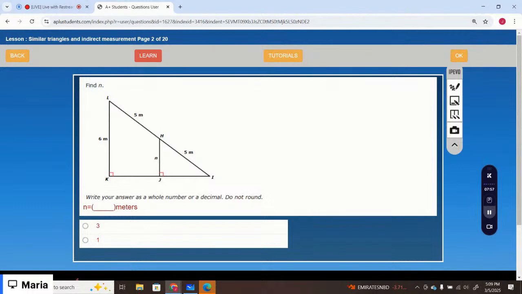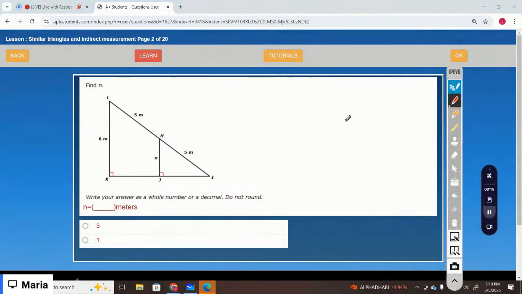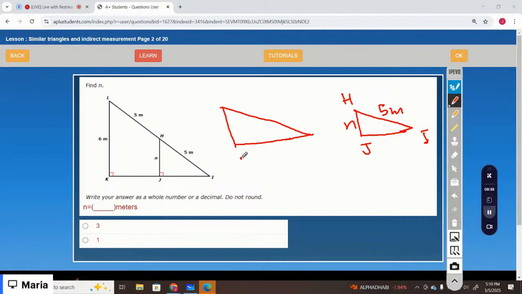Find n. The smaller triangle is HIJ and the bigger triangle is KLI.